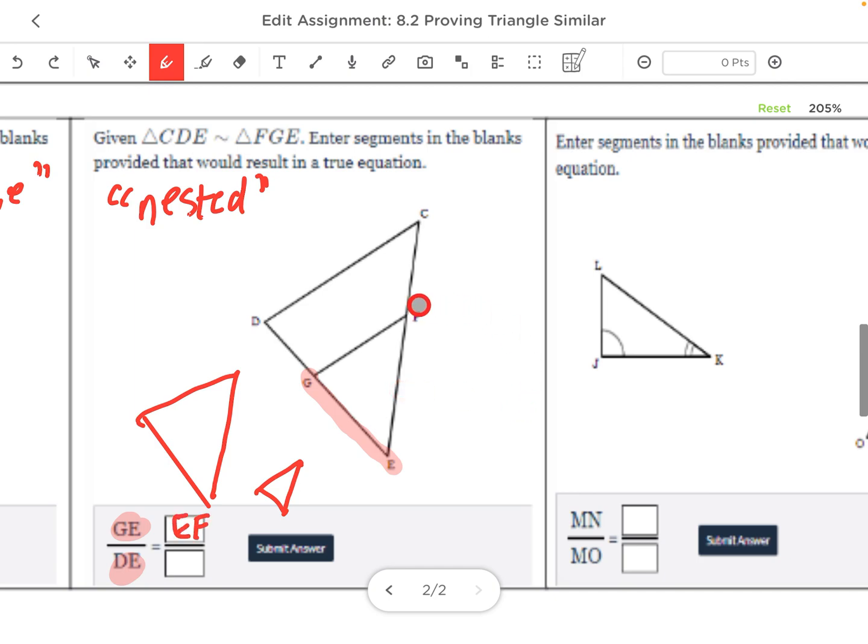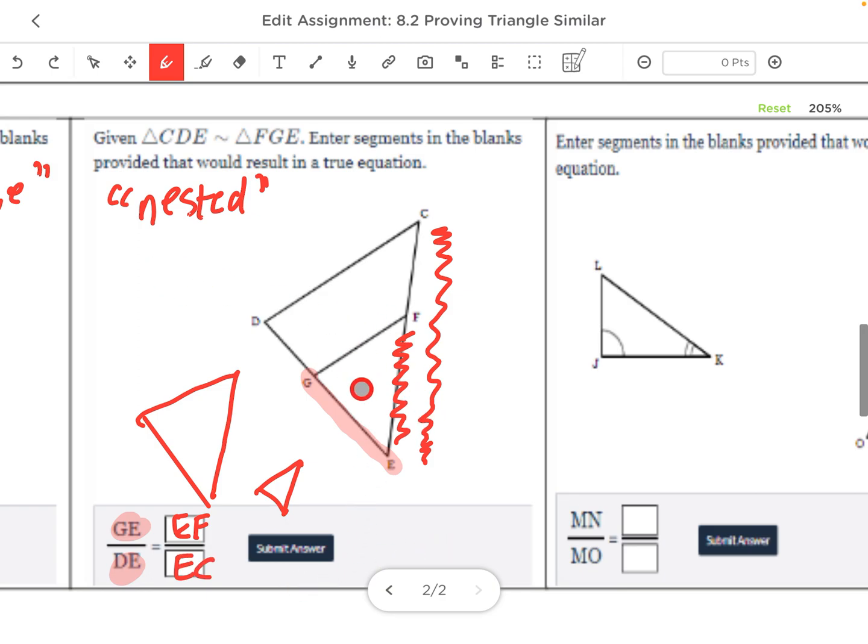So if that corresponds with that, what would correspond with DE? Well, just like you would think, it would be the whole thing, which would be CE or EC, right? Either way, EC or CE. Okay, so that's what we're doing.